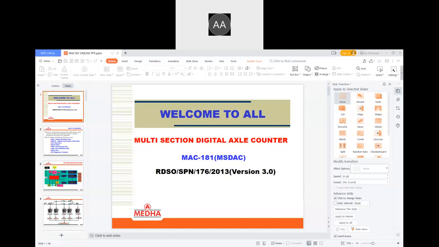The MAC 181 system consists of a processing or decision making subunit, which is the central evaluator unit, that is CEU. And in order to deal with field information, we'll be having DACFU, which is Digital Axle Counter Field Unit. Along with that, axle detectors will be there. In the SM room, we do have two options. One option is the reset panel.